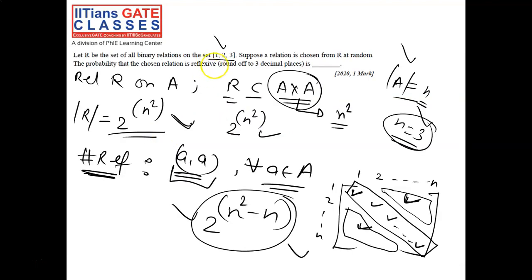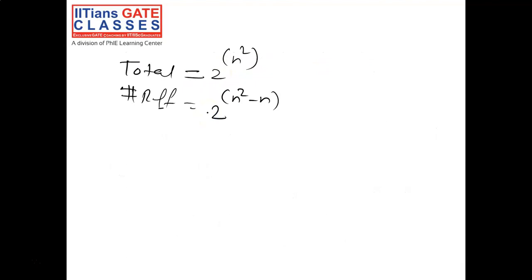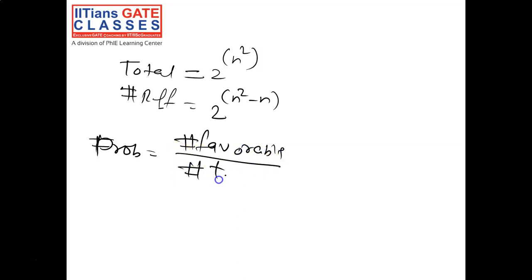In the question he is asking: if you pick a relation at random from the set of all relations, what is the probability that the chosen relation is reflexive? The probability is the number of favorable cases divided by the number of total cases.